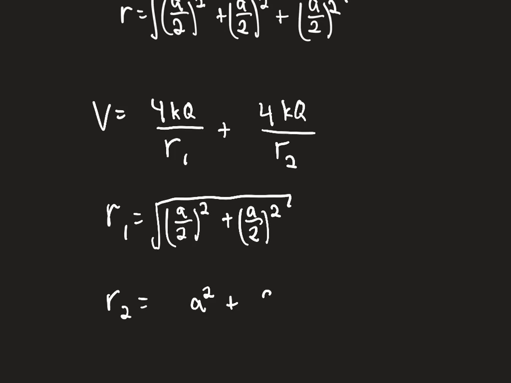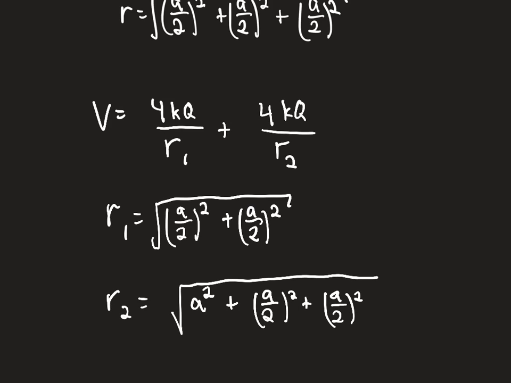A over 2. And then how far from the middle to the middle, from the top to the middle? A over 2. So there's my R1 and R2, and I would plug those in for my final answer for part B.